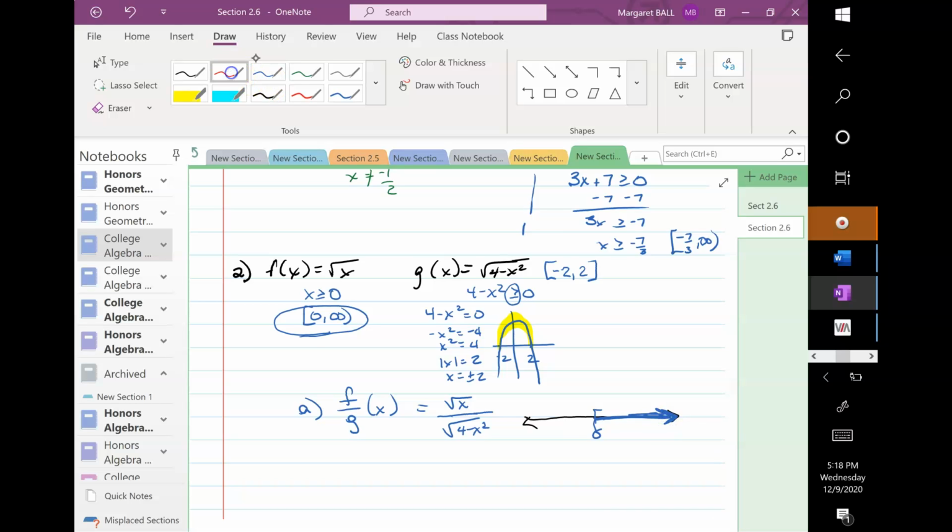And then at -2, and I'm just going to go above here, and at +2, and it's got a bracket on it. And then the shading is in between there. Okay, now where do they intersect? Where do they overlap? They overlap starting at 0 and over here to 2.